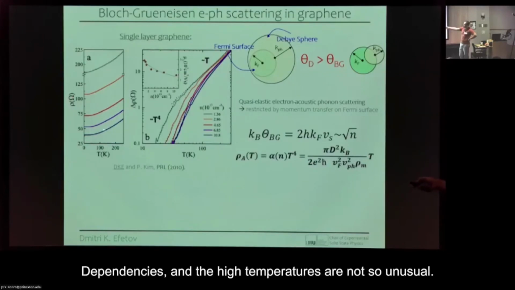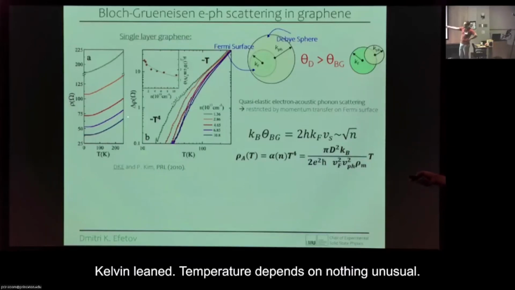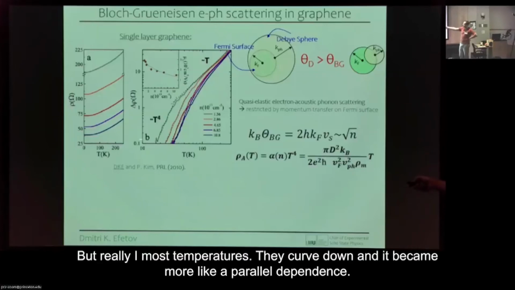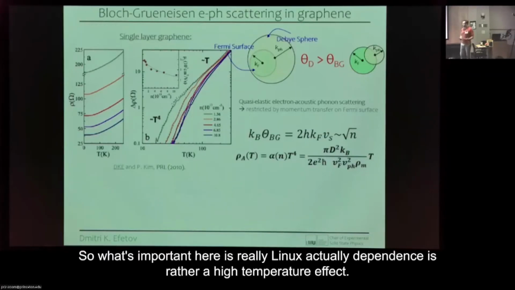As you can see, linear temperature dependencies in the high temperature limit are not so unusual. Most of these curves become linear at around 100 Kelvin. Above 100 Kelvin, linear temperature dependence was nothing unusual, but at low temperatures they curved down and it became more like a power law dependence. So what's important here is that linear temperature dependence is rather a high temperature effect.